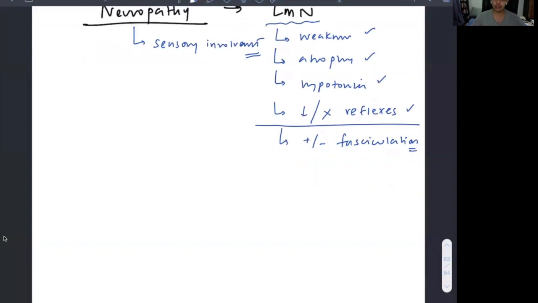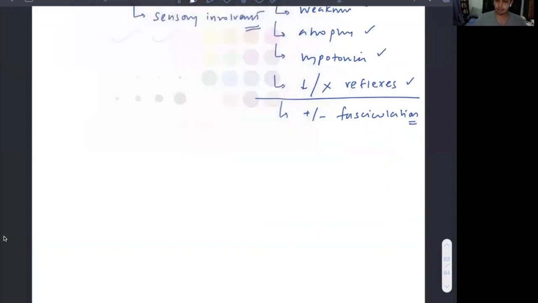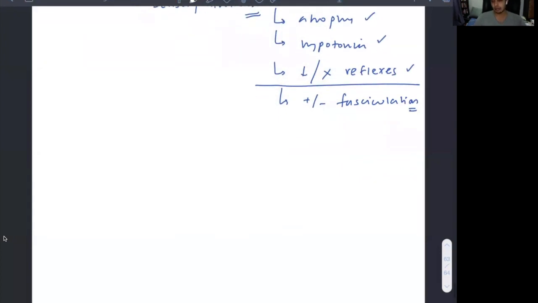Now, all this you already know. So let's go a little deeper into specifically neuropathy. The most important thing you have to know about neuropathy is that you have to know the nerves. Without this, it is very difficult to evaluate a case of neuropathy. So let's just quickly revise the nerves of the body.